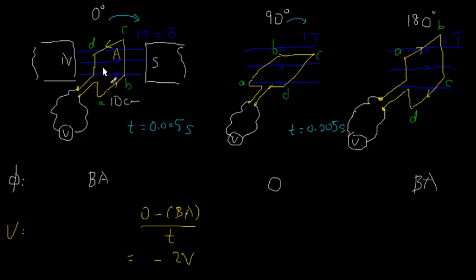Okay, and that's a square, and T is this number. So if we put in the numbers, we'll find a minus 2 volt, the minus sign coming from that. Now, if I calculate the voltage here, what would I find? I would have to take BA, and final flux minus the initial flux between this point and this point. So I get minus 0 divided by T.